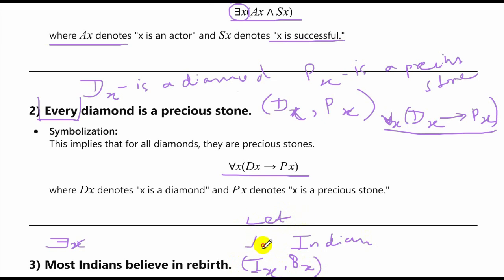So let Ix be Indian, and Bx, excuse me for the handwriting, I'm not able to write properly with the mouse, I'm trying my best, Bx be believes in rebirth. Ix is Indian, and Bx believes in rebirth.